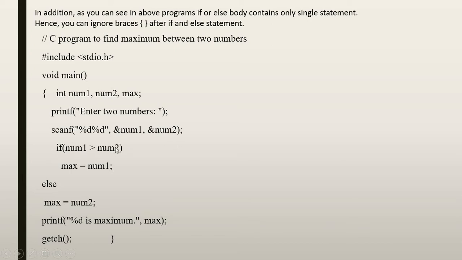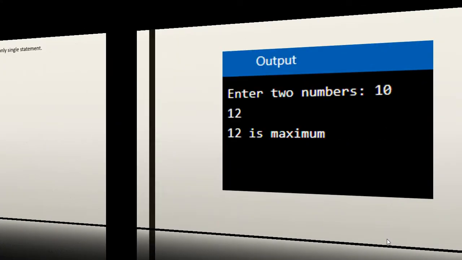Within the if, it will check which number is greater, and the greatest value will be stored within the max variable, that is my third variable. Same way in the else part, the number 2, that is the larger value, will be stored within the max variable. If number 1 is larger, then the larger value will be stored within max. If number 2 is the maximum, it will store again in the max variable.